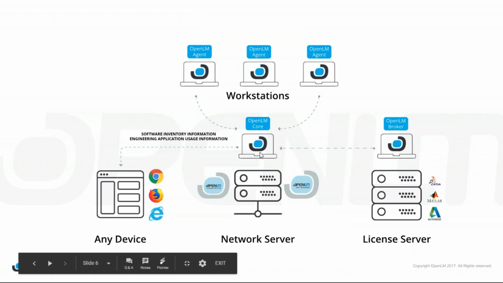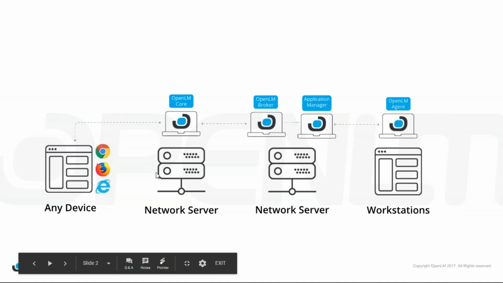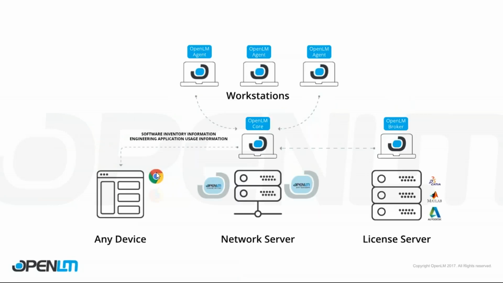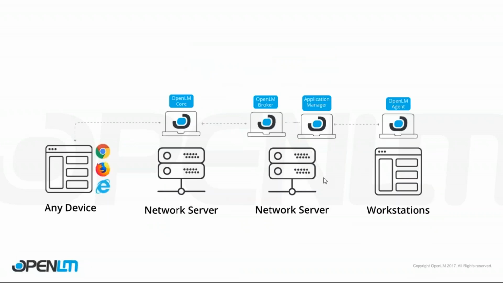That transmits to OpenLM Core, which again you can view using any device. So basically, the only change here is that instead of installing the OpenLM Broker on the license server, we just install it on the same server as an application manager, which will act not like a license manager, but in OpenLM, for report purposes, it will show up as another license server.